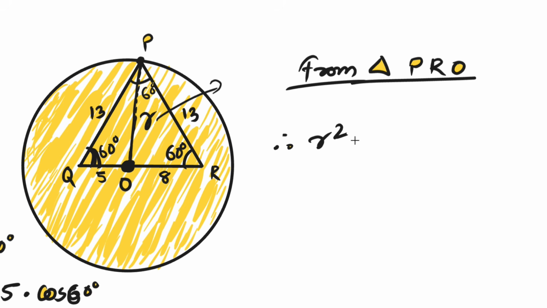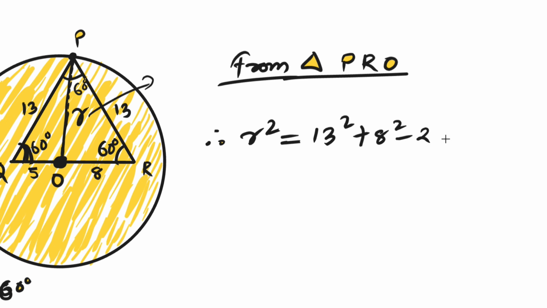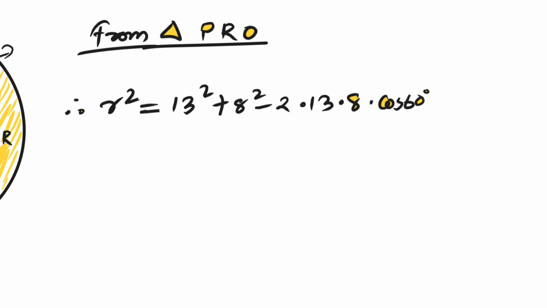So we write r squared equals 13 squared plus 8 squared minus 2 multiplied by 13 multiplied by 8 multiplied by cosine 60 degrees. Let's simplify this carefully. 13 squared is 169 and 8 squared is 64.